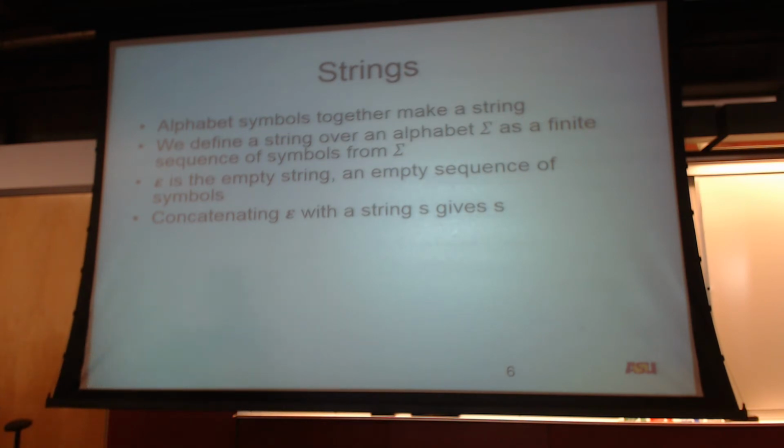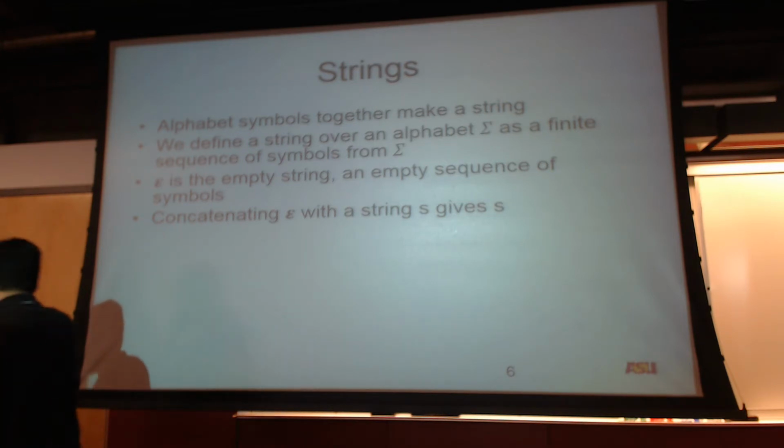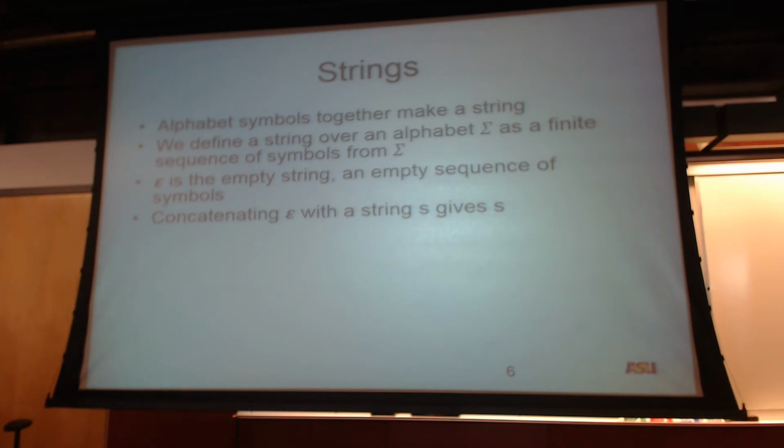Everybody understands what a commutative operation is? Just one way and the other. So you have epsilon S is equal to S, as well as S epsilon is S. So commutative. That's what you have here: epsilon S equals S epsilon equals S.